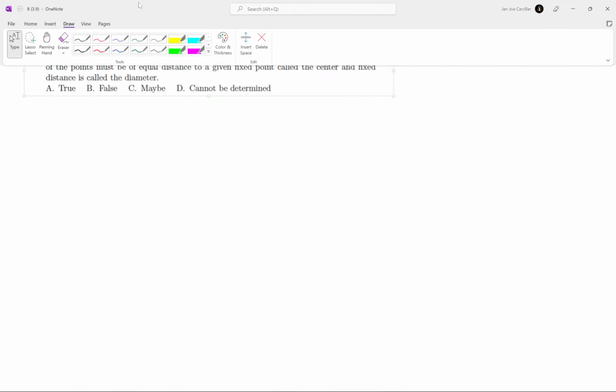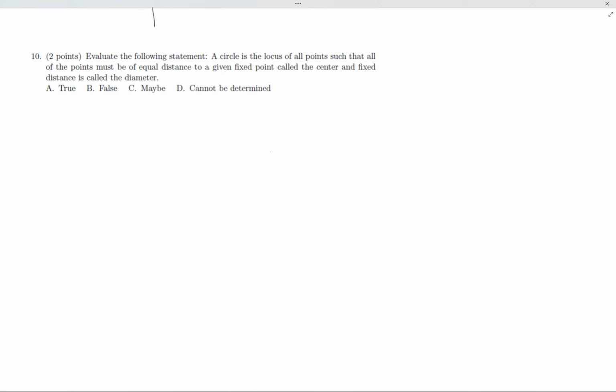Now, let's try to evaluate this one. In a circle, we have a fixed point that is called the center. And at any given point in a circle, its distance from the center must be the same. That is correct. Any point within a circle must have the same distance from the fixed point.